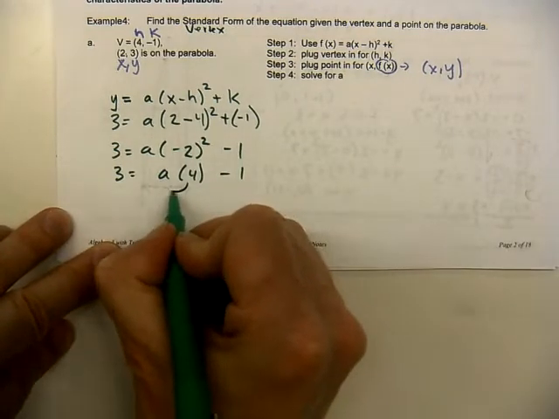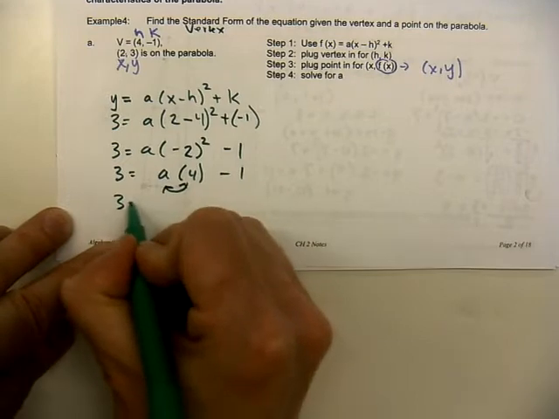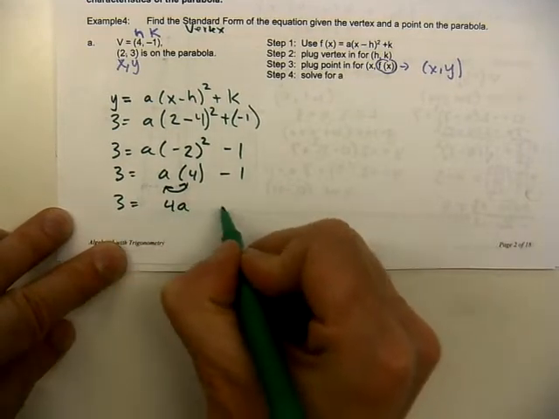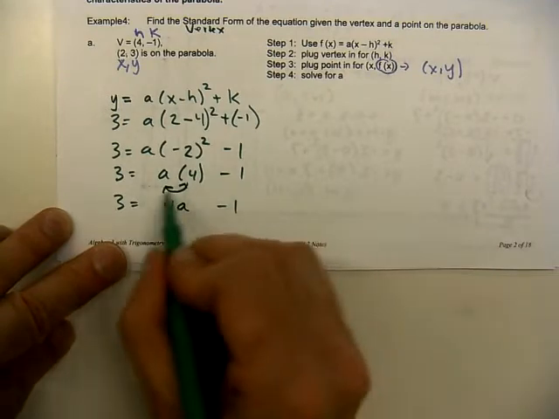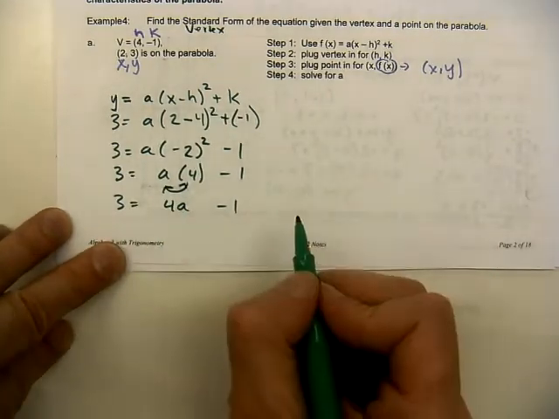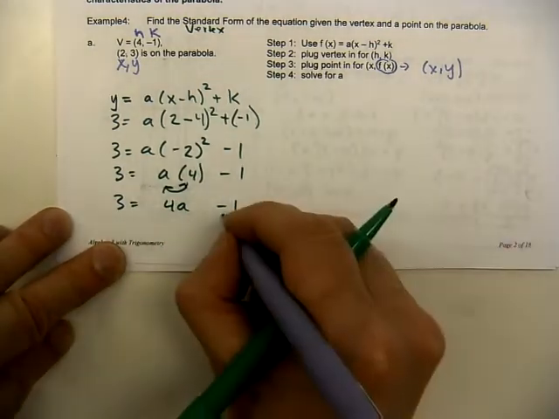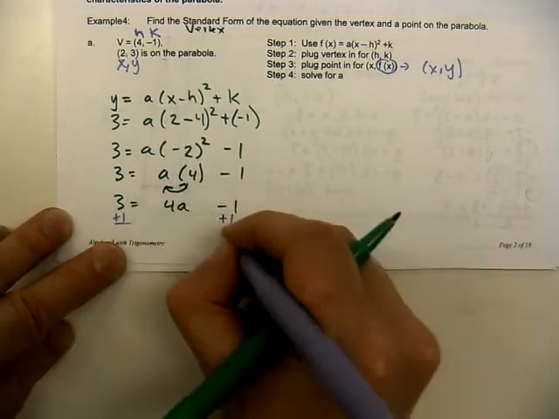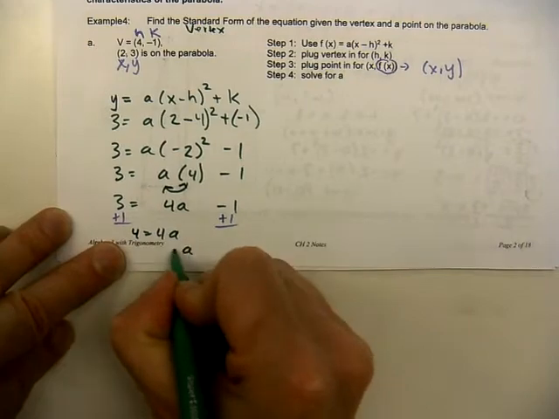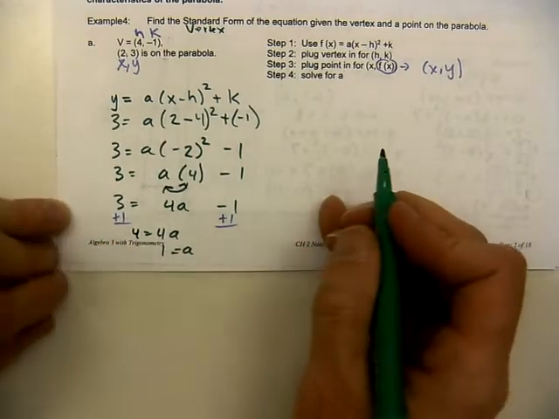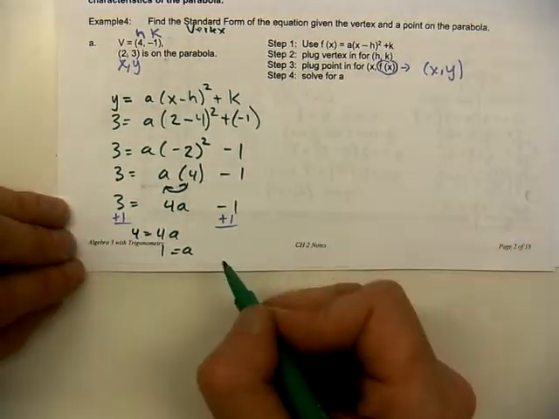If you like, you can flip-flop these around, put that 4 in front as a coefficient should be. Right? You can't go 4a minus 1 to turn that into a 3a. That doesn't work. Instead, you have to combine your constant terms. So add 1 to both sides. So you have 4 equals 4 times a. And lastly, a equals 1, which means there's no vertical stretch or shrink at all.